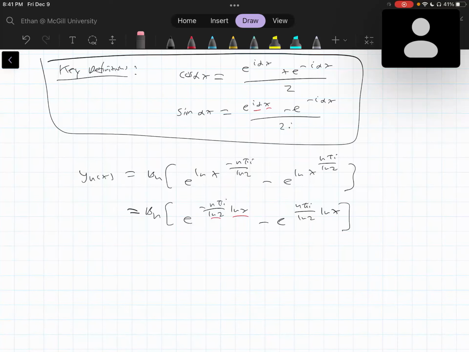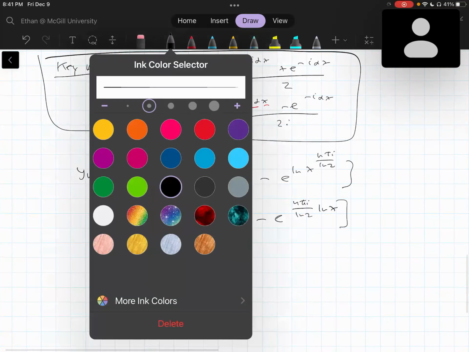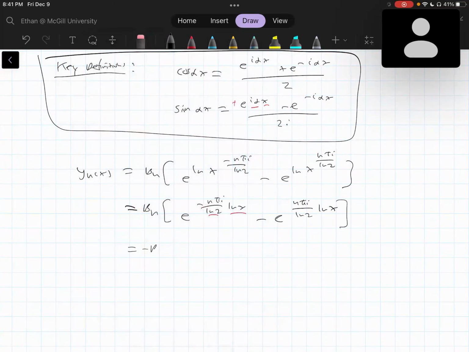We can also notice the signs of the exponents. Our first exponent is negative, here it's positive. And so we're going to want to factor out a negative as well for our expression just to make it match the sine above. So first factor the negative.